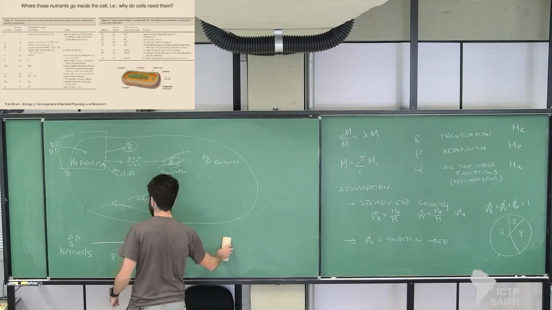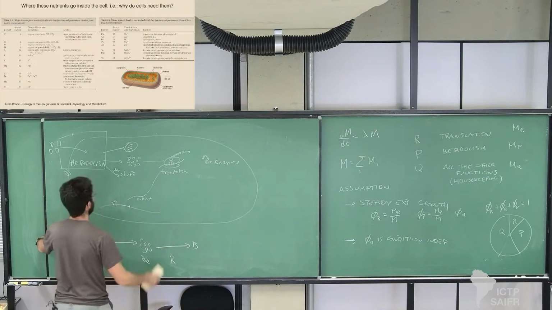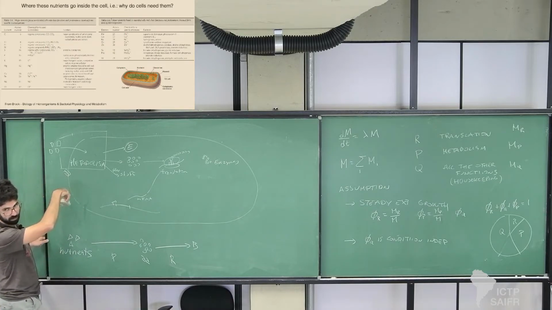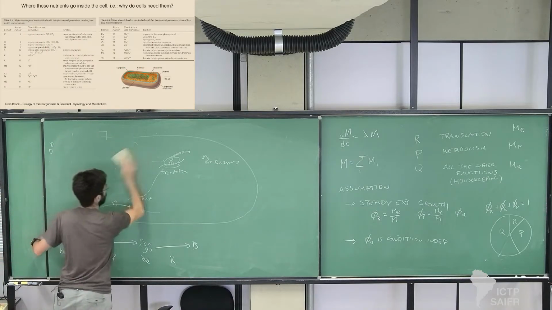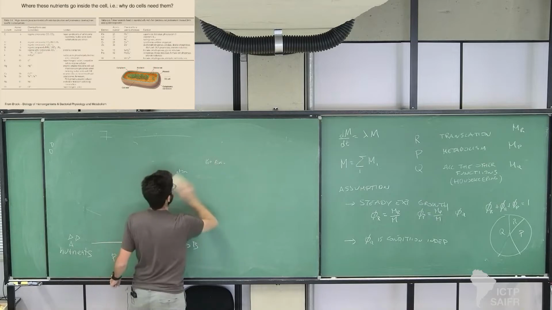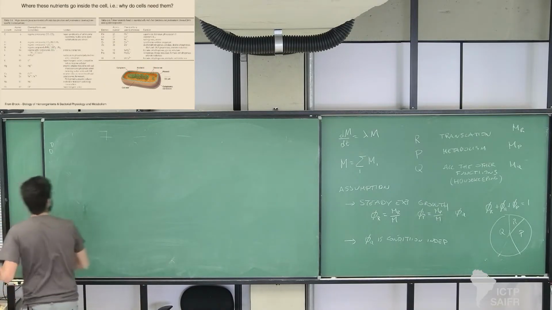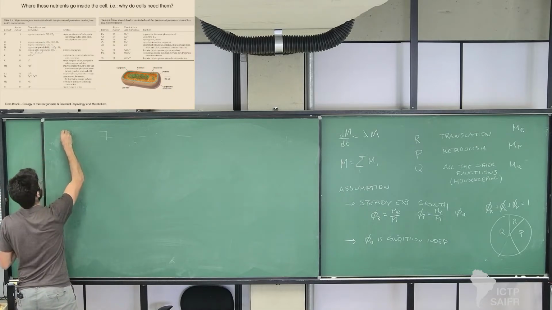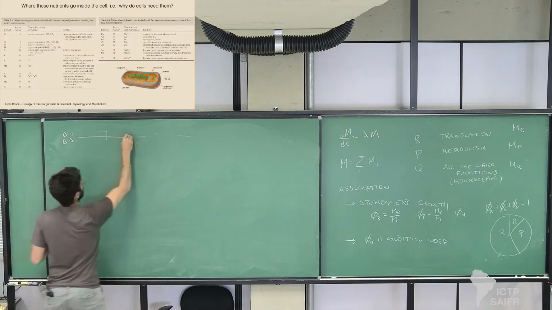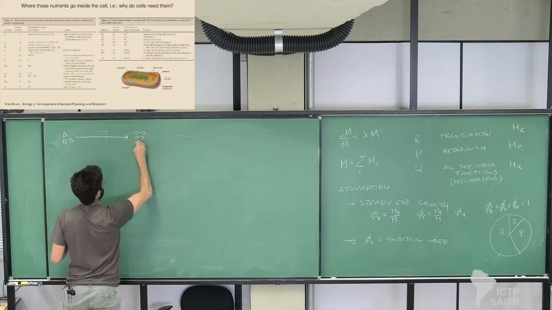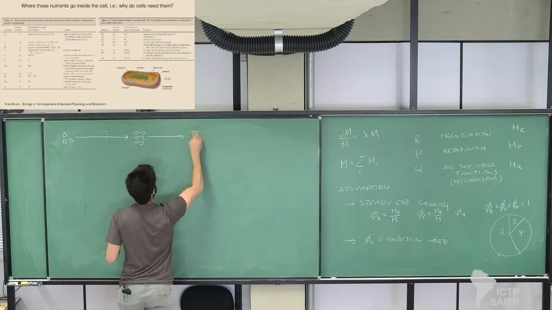Okay. So, yes, can I erase this? Okay, so we have these three components: the nutrients, the pool of amino acids, and biomass.